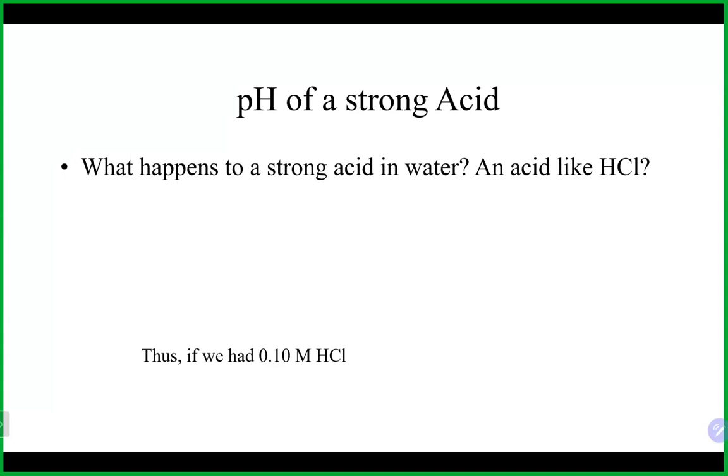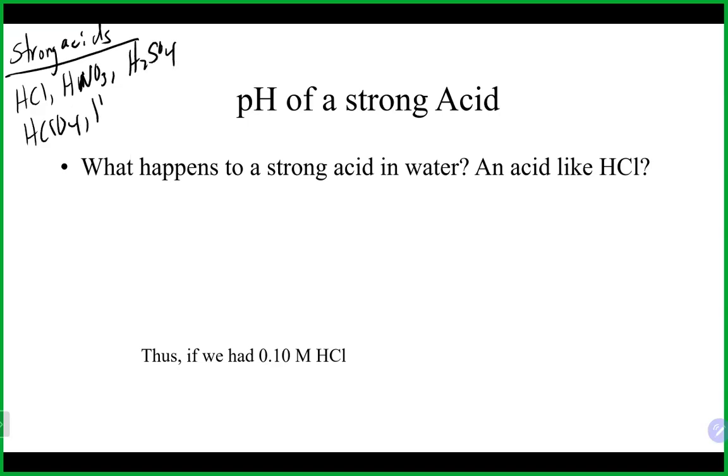And a reminder that we talked about strong acids, and there's really a list of 6 which will serve you well in this class and other chemistry classes you take. A reminder: hydrochloric acid, nitric acid, sulfuric acid, perchloric acid, hydrobromic acid, and hydroiodic acid.